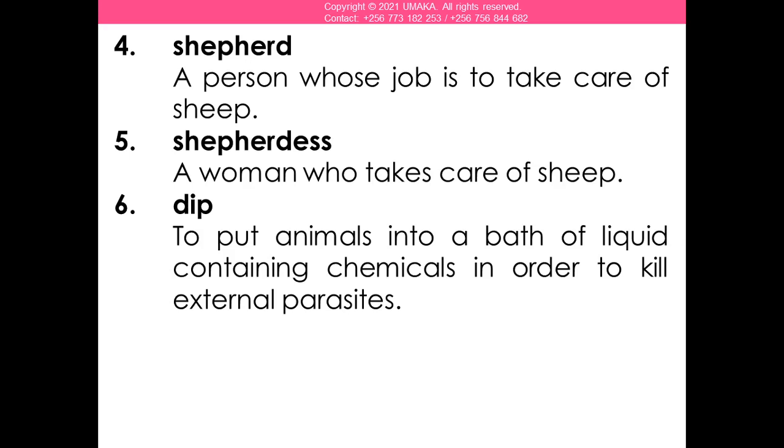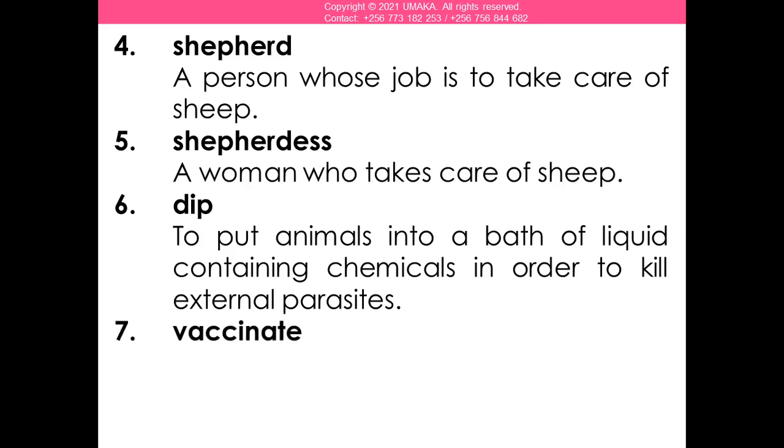So to dip is to put animals into a bath of liquid containing chemicals in order to kill external parasites. Can you give me some of the parasites you know? Well, the known ticks. I'll say ticks are some of the external parasites that are killed during dipping.